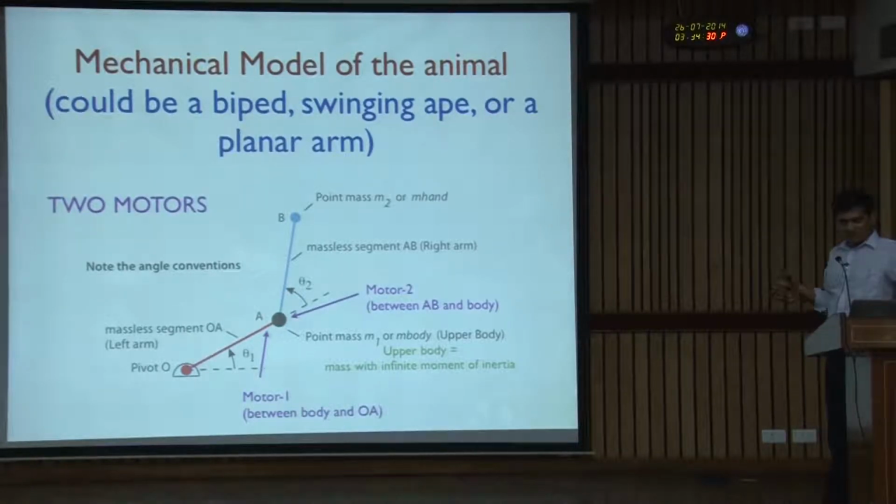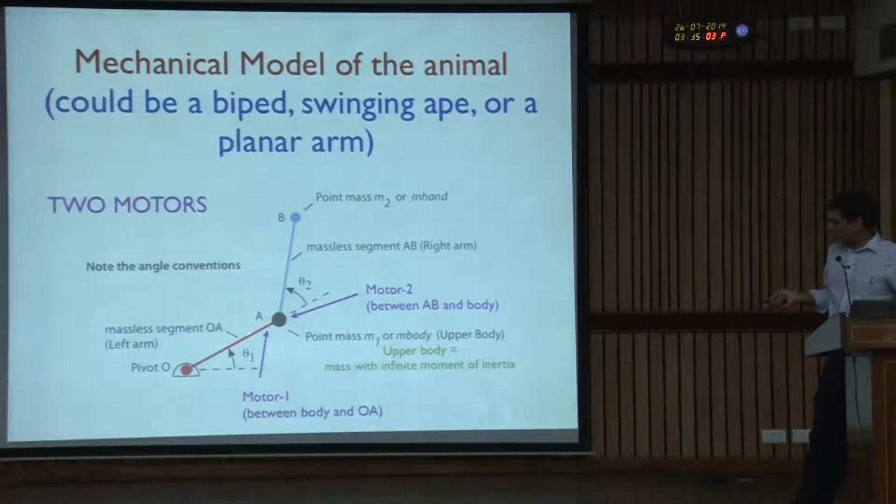We would like some means for this animal, robot, whatever you want to call it, to move. And the two muscles or motors are going to be here. One between this quote unquote point mass. It's not really a point mass in this idealization. We can imagine that these two links are connected to the center of mass of the body, and really this has infinite inertia, even though represented by a point.